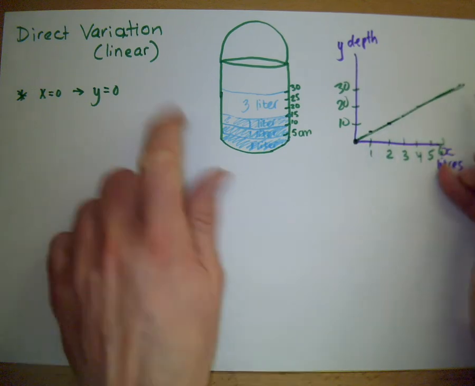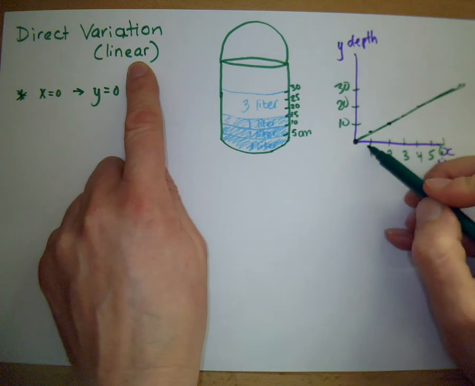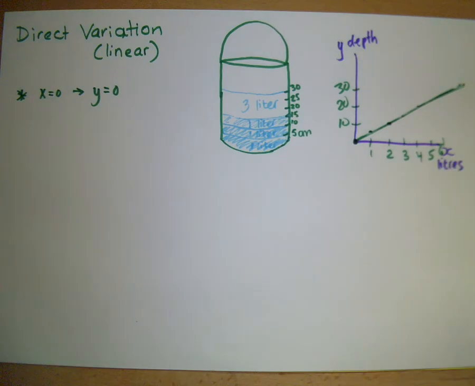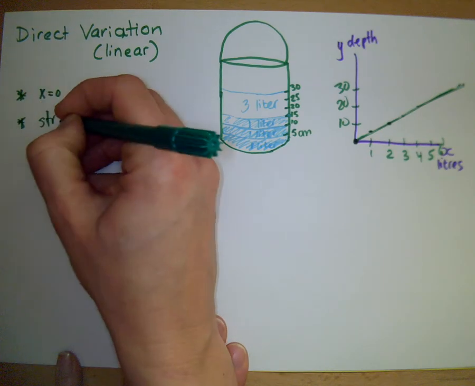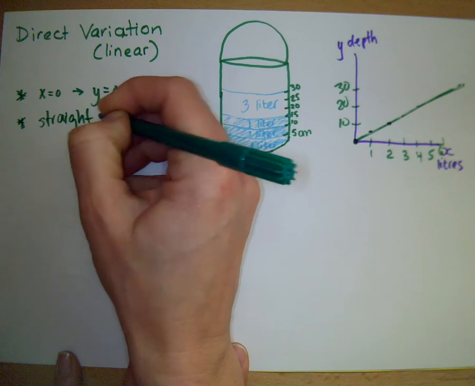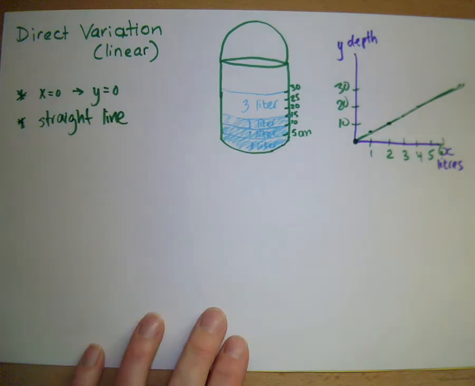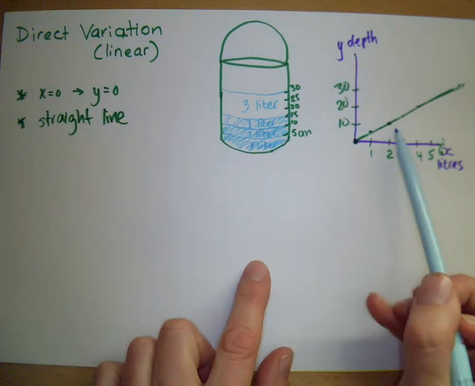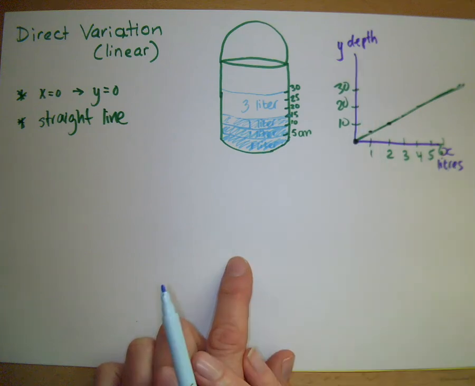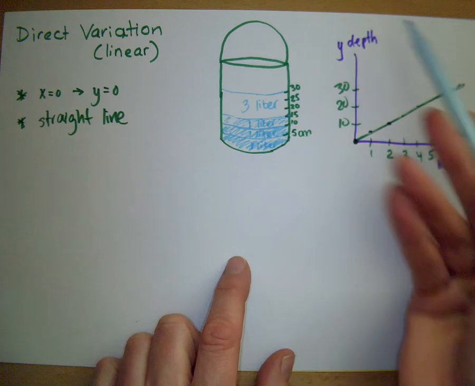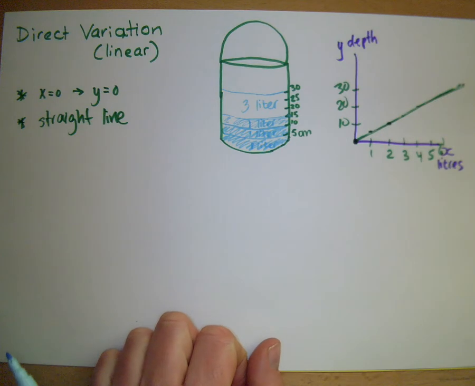It's a linear relationship. When you graph it, it's a straight line, right? And it passes through the origin. Straight line. And one thing we also noticed is that when we double the number of liters, the depth also doubles. When we triple the number of liters, the depth also triples.